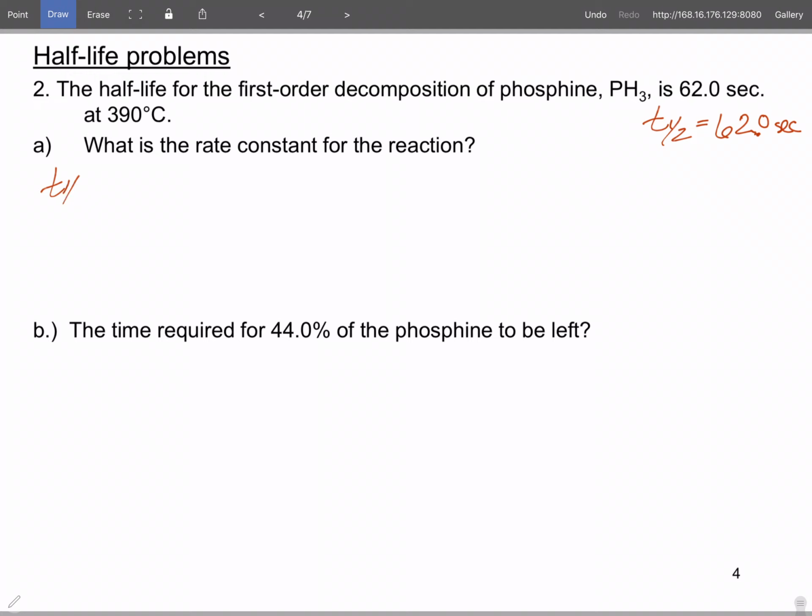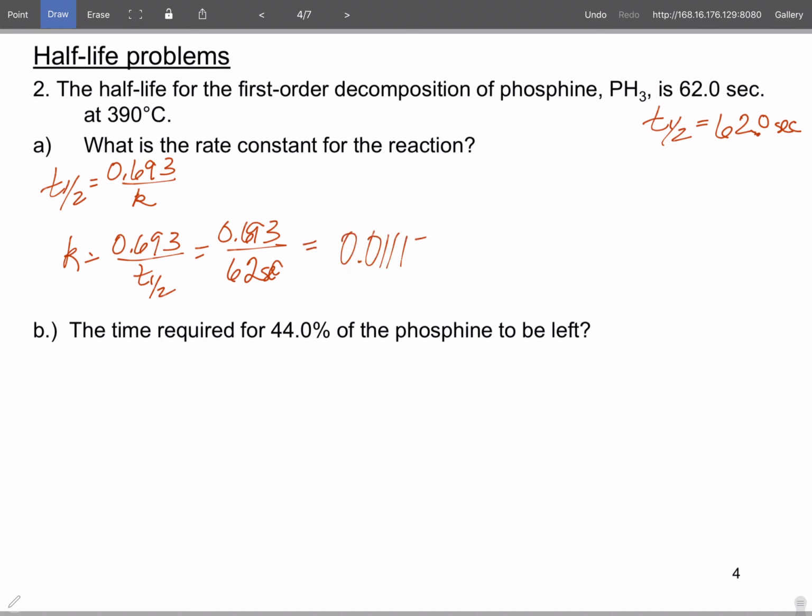So T1/2 is equal to 0.693 divided by K. So K then is equal to 0.693 divided by the half-life, which is 62 seconds, which gives us 0.01117749194 seconds to the minus 1.